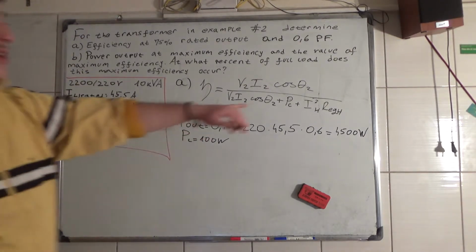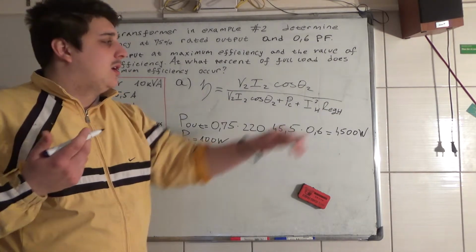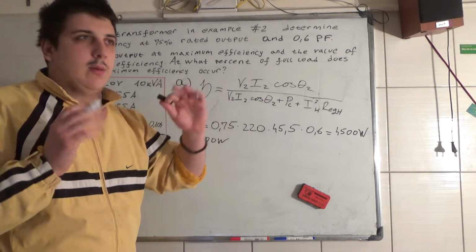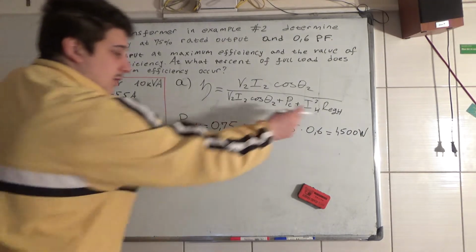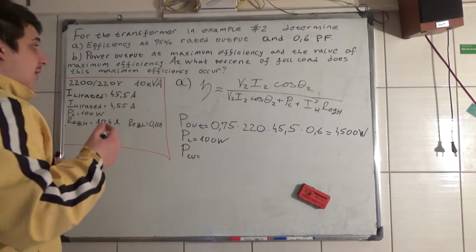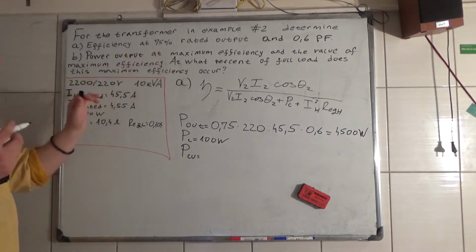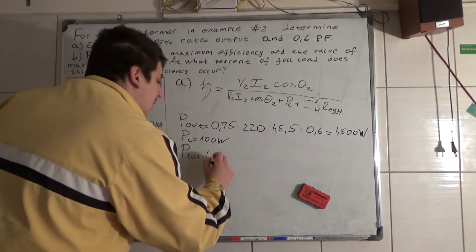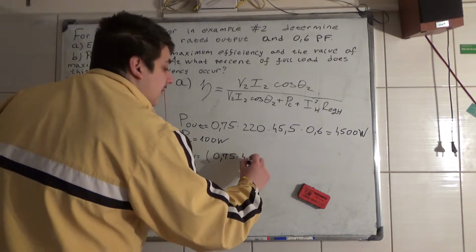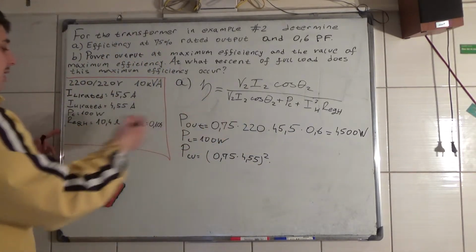Now we have to measure the copper loss. We can do it from the primary or from the secondary side. We're going to do it both ways. From the high voltage side, we know that we are using 75% of the rated current. So that is equal to 0.75 times 4.55 squared times the equivalent resistance from the high side.